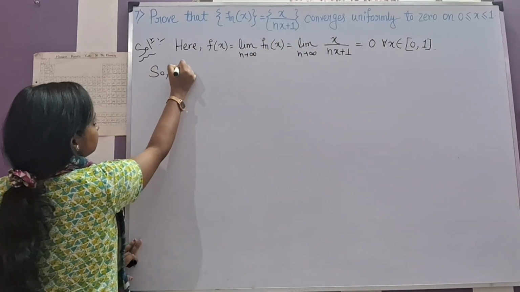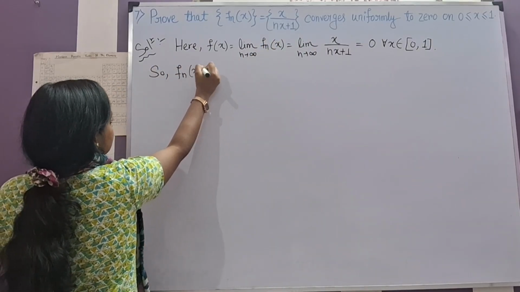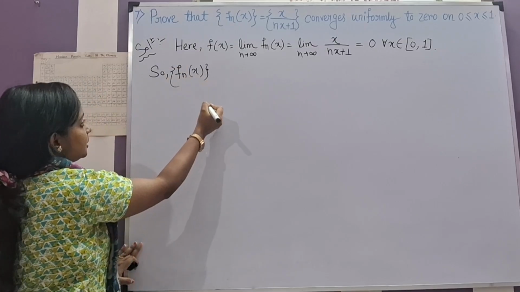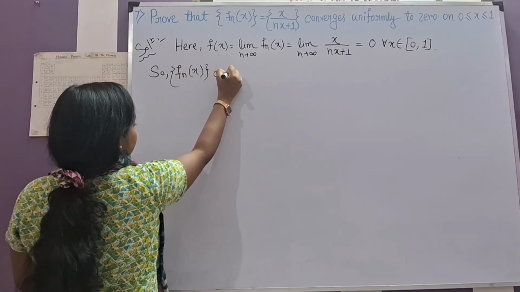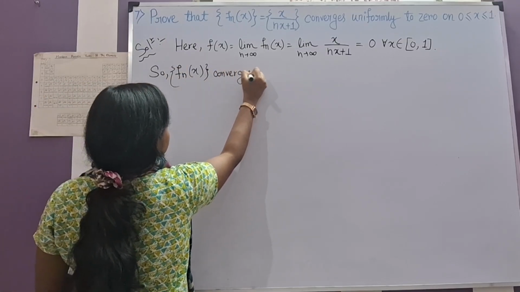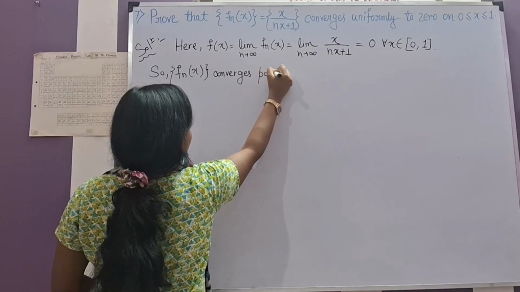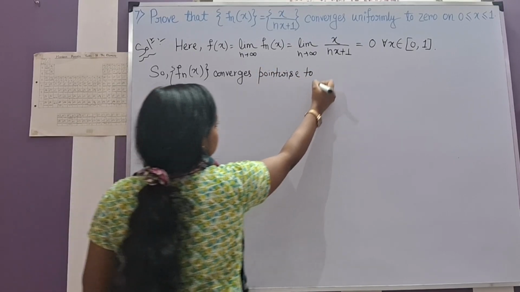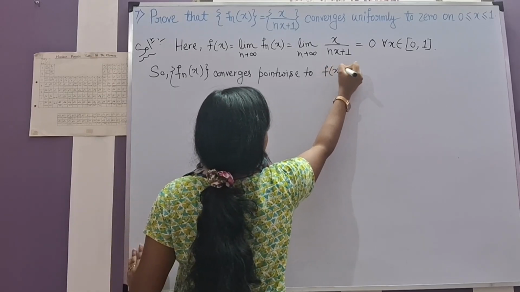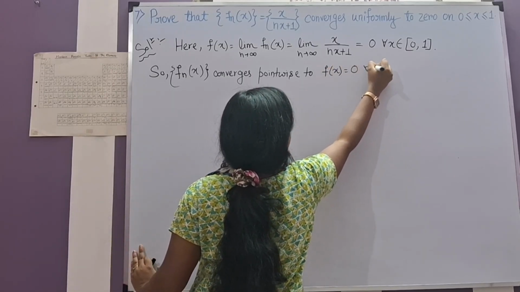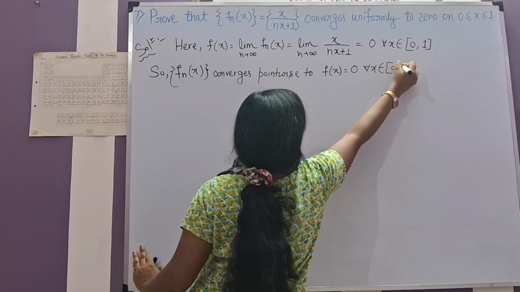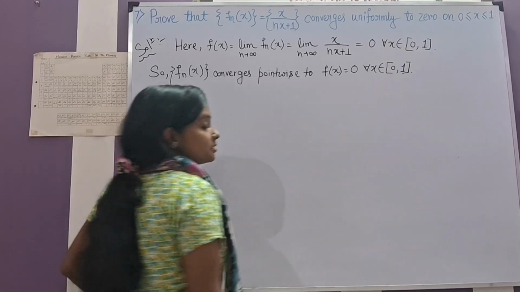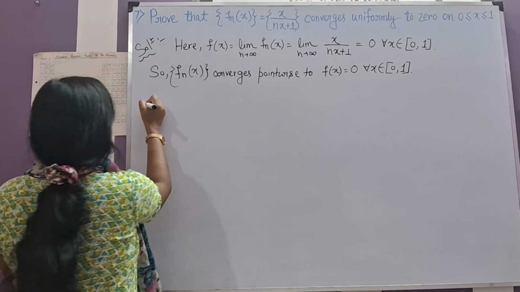So the sequence fn of x converges pointwise to f of x equal to 0 for all x belonging to the closed interval [0, 1].